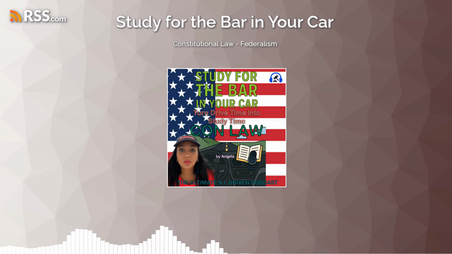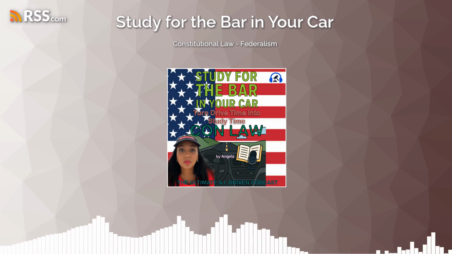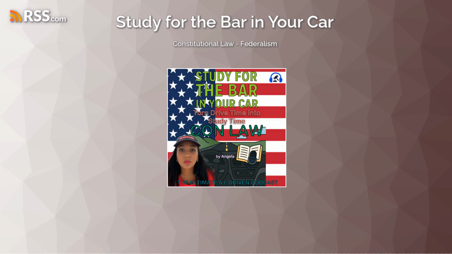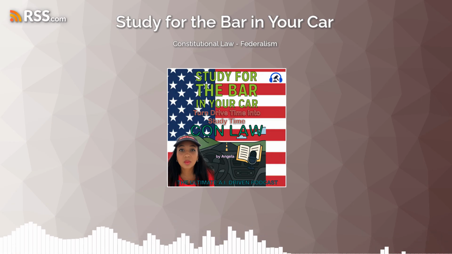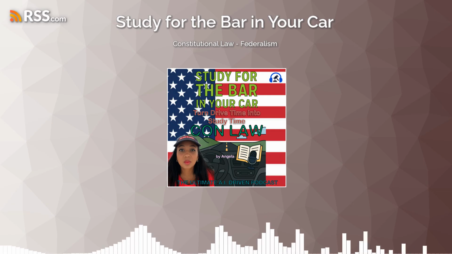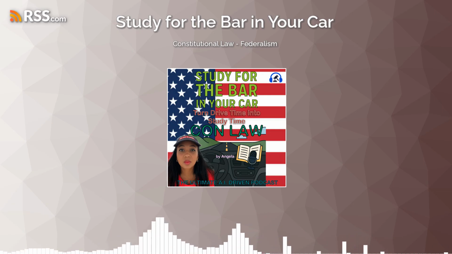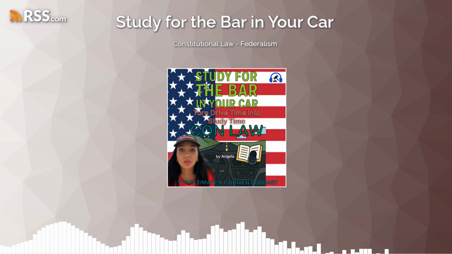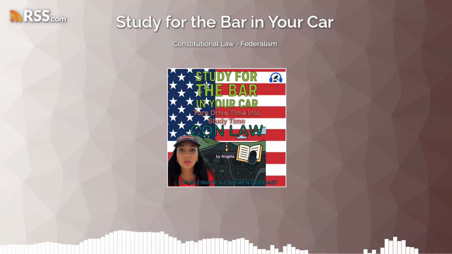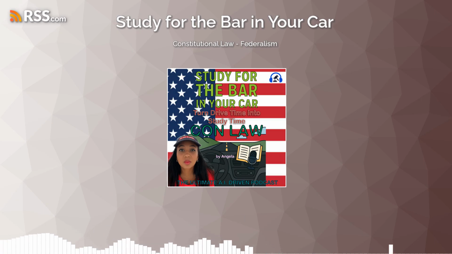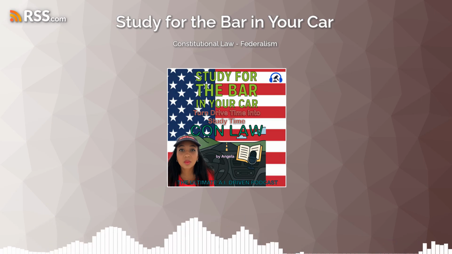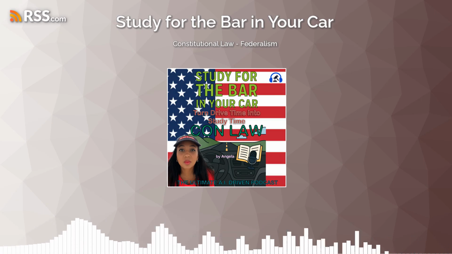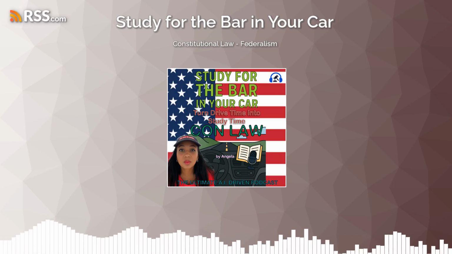The state needs an important state interest to justify such discrimination, and the discrimination must be closely related to achieving that interest. And there can't be a less discriminatory way to do it. And how does this relate to the Dormant Commerce Clause? They both seem to deal with state discrimination against outsiders. They do overlap, but they're distinct. The Dormant Commerce Clause, which we didn't explicitly discuss but is related, restricts states from unduly burdening interstate commerce, even if Congress hasn't acted.